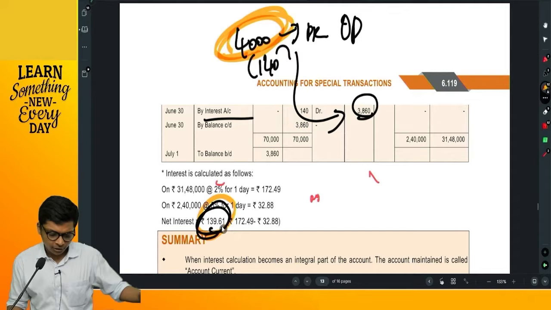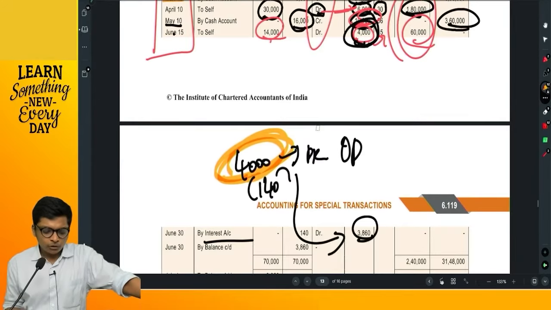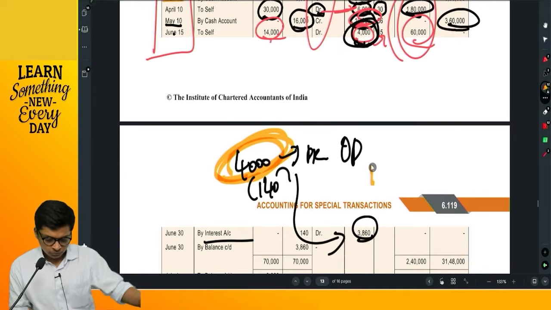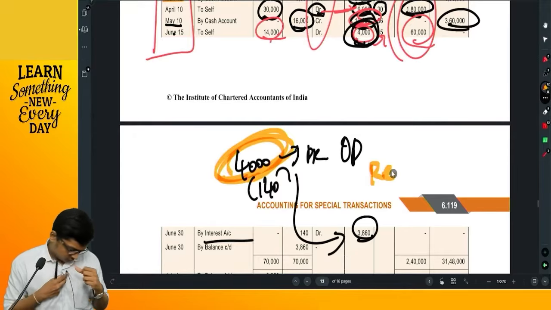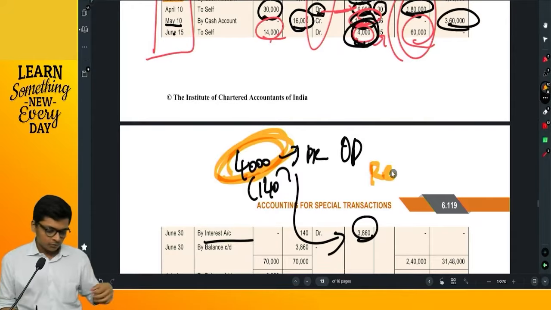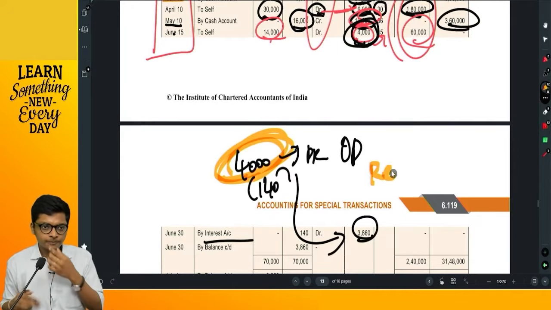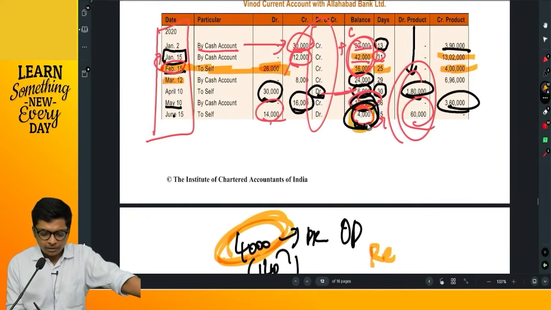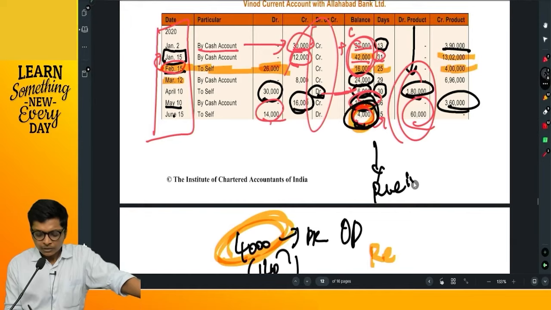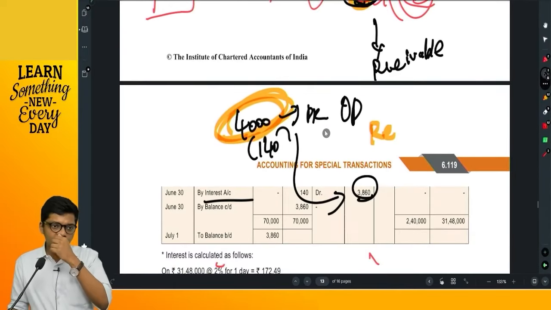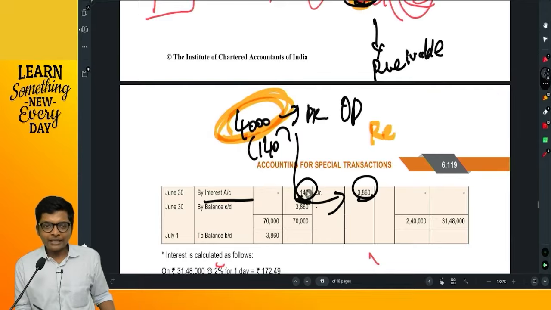Sorry again. 4,000 is receivable, debit balance, overdraft. 4,000 is debit, overdraft, so it is receivable. Following? Guys, understanding? 4,000 is OD. 140 is payable.